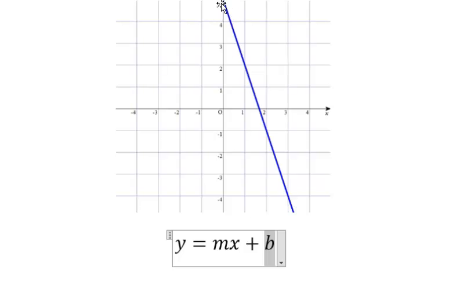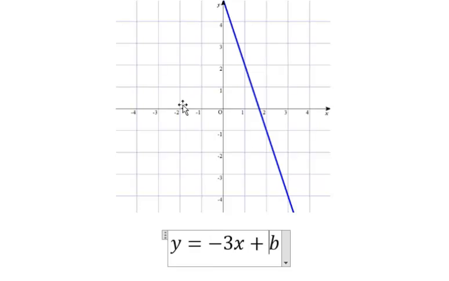If you count the squares from one intersection to the next one, you will see in this case 1, 2, 3 squares. So that will be number 3, but because the line is decreasing, it's falling, going down, it's going to be negative. So minus 3x, that will be the first part of the answer.